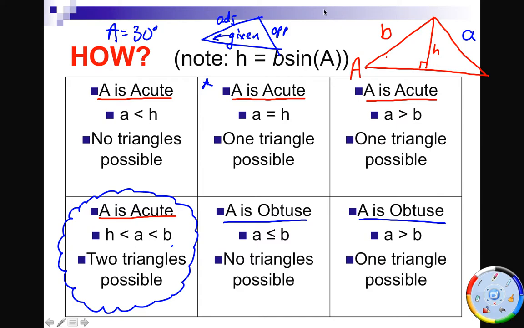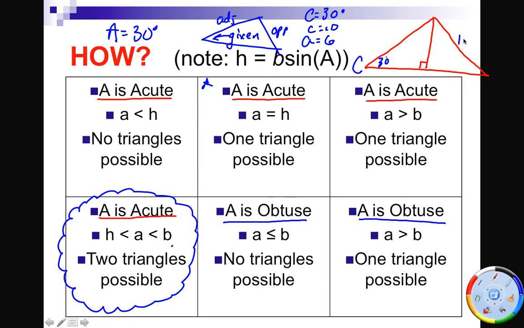So even if they gave you C's and B's, let's say they said C is 30 degrees, little c is 10, and little a is 6. I would draw my triangle like this. I would say, okay, A is 6. Actually, I might say my angle C is 30.